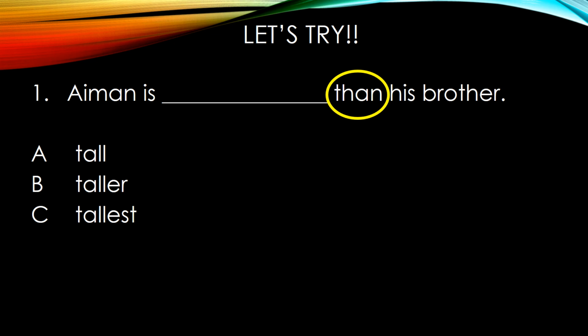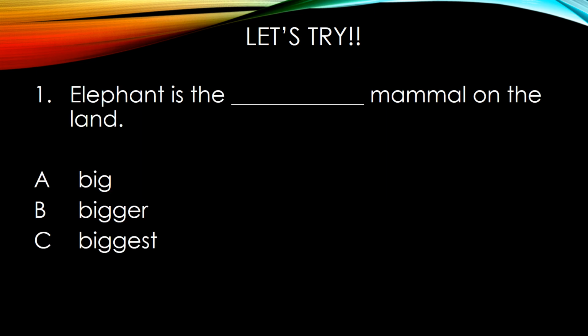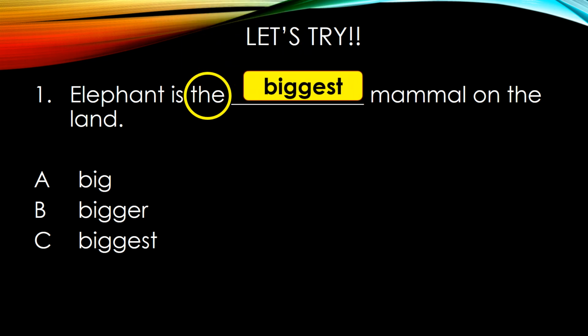Obviously no. So the answer is Ayman is taller than his brother. Next one, elephant is the mammal on the land. So the keyword is the. When there's the word the before the blank, your answer must have est. Good. So the answer is elephant is the biggest mammal on the land.